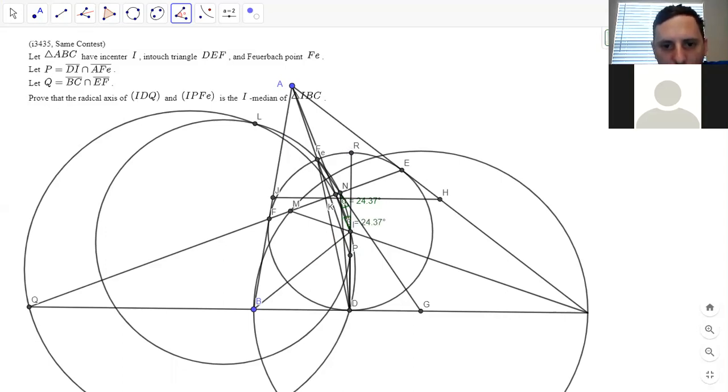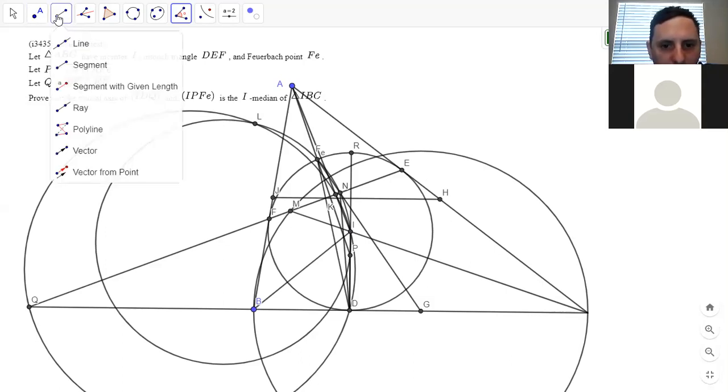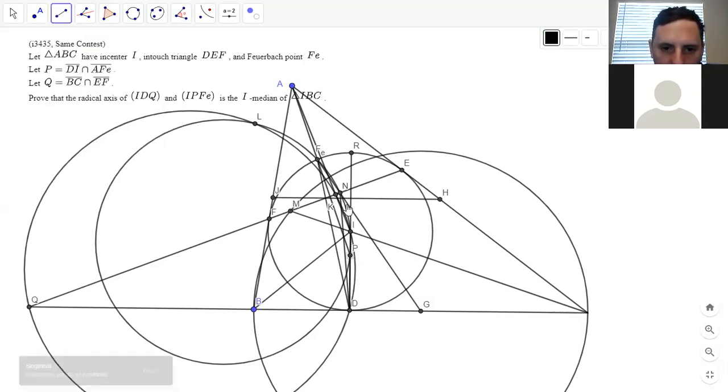Interesting. Okay. So EF is the external bisector of PNG, is what you're saying, right? Yeah. I don't know why, but it looks like that. It looks true.